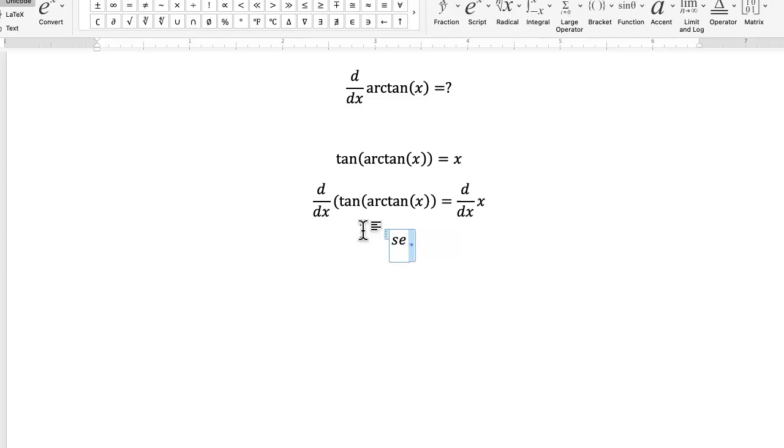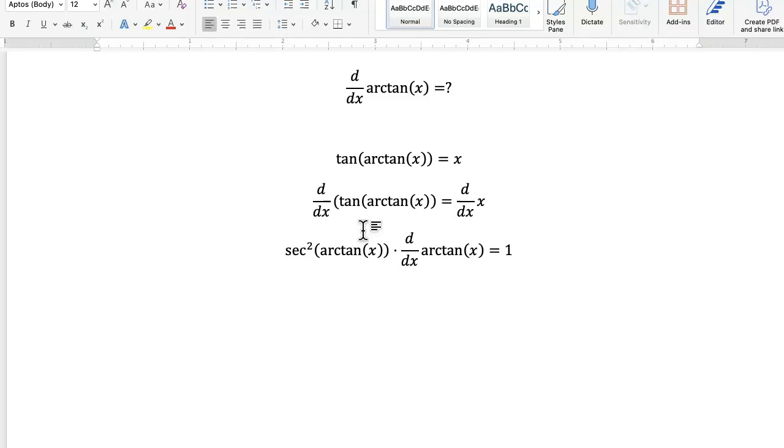It's the secant squared, times d/dx by the chain rule of arctan of x, equals 1.